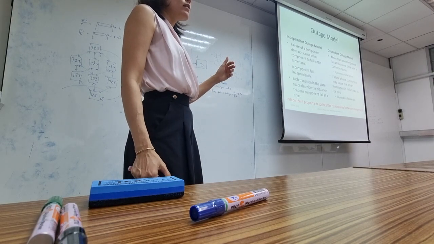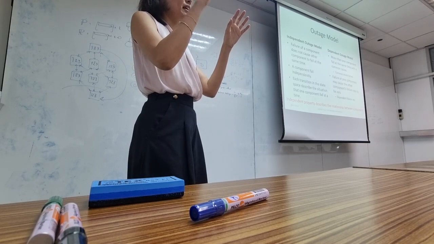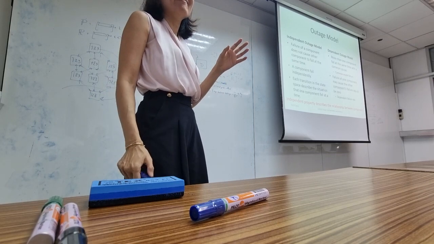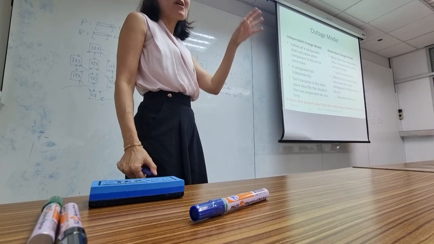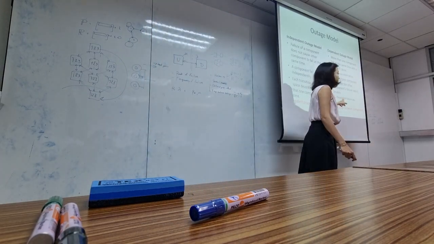Once your circuit breaker trips, the whole thing, even though it's working, is now out of your system. So it's dependent on one single component. Those we call the dependent failure.